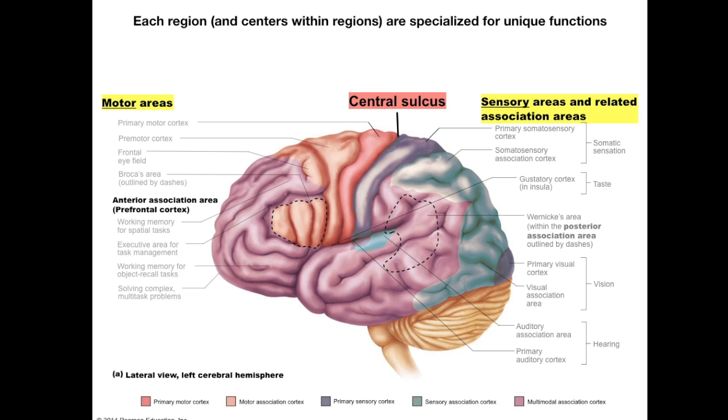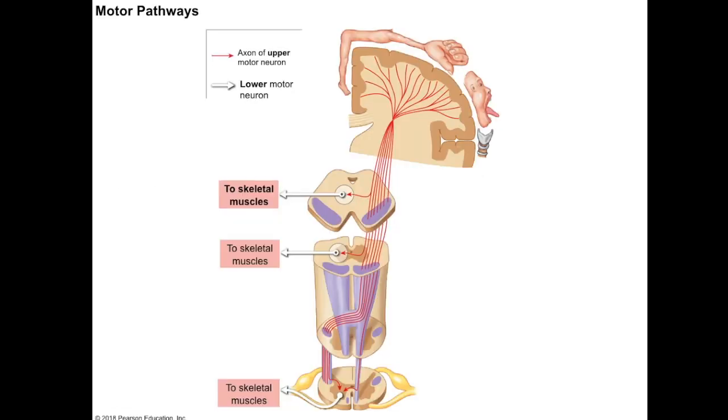And now we're going to move anterior to that central sulcus to the precentral gyrus. That is the location of the primary motor cortex, and neurons there send their long axons descending through the brainstem and spinal cord to synapse with the motor neurons that are responsible for controlling the skeletal muscles that move your body. Again, the left hemisphere controls the right side of the body and vice versa.